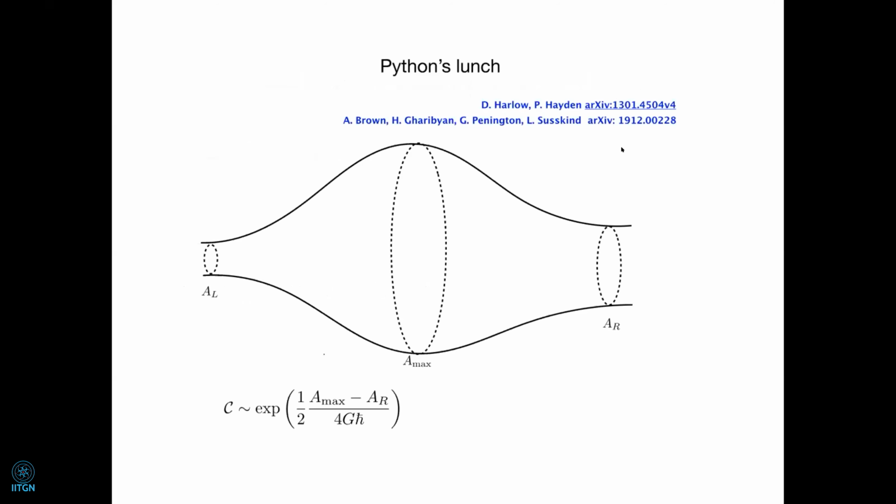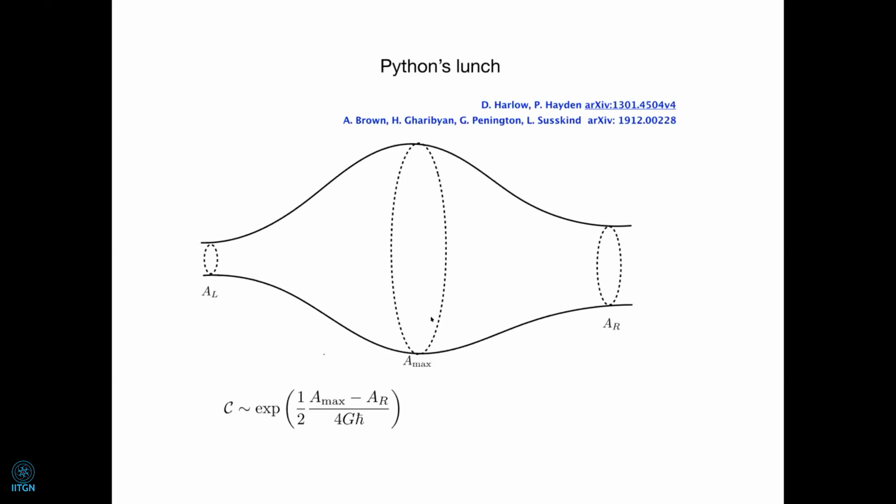Complexity equals volume or complexity equals action told us the complexity of a tensor network. Let's say if the tensor network has a corresponding wormhole geometry, then the complexity of this operator just counts the number of nodes in the tensor network. So naturally, it just corresponds to the volume of the wormhole. But there is one special case.